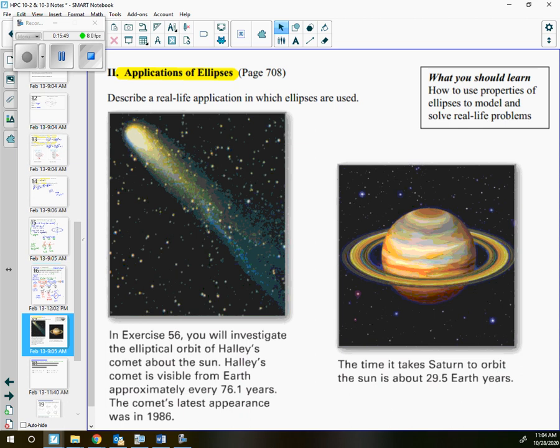When you talk about orbits and looking at how different planets revolve around the sun, those are elliptical orbits. There's so many different things like that. If you've ever been to the U.S. Capitol, they have what's called a whispering room. And if you stand at one of the focus points, because of that equal distance, it can bounce off that elliptical wall and go to the other focus point.